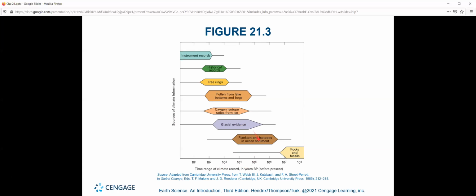But even beyond glaciers, we can talk plankton. We can look at plankton counts and how that varies with colder and warmer weather. And then at some point, once you get into millions, tens of millions of years old, you only have the rocks and the fossils to look back on. Even that can tell you something about the climate at that time.